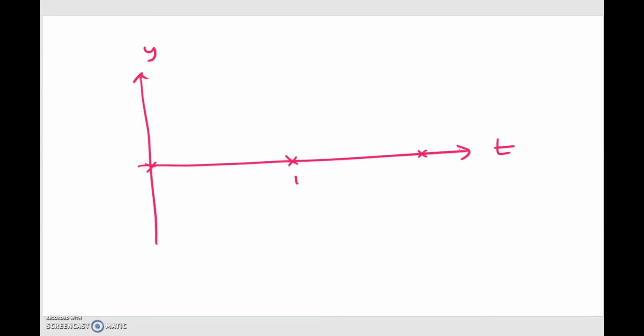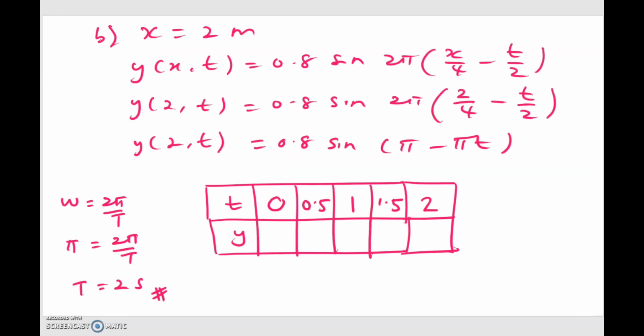Okay, so your graph will be like this. Y versus t, you have 0, you have 1, you have 2, and here you have 0.5, and here you have 1.5. Okay, so then you substitute into this formula when t is equal to 0.